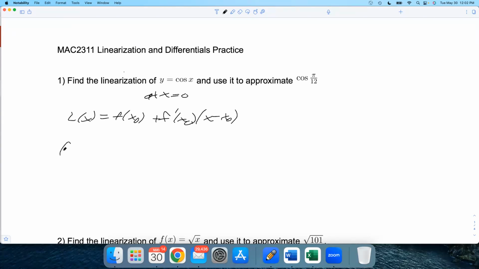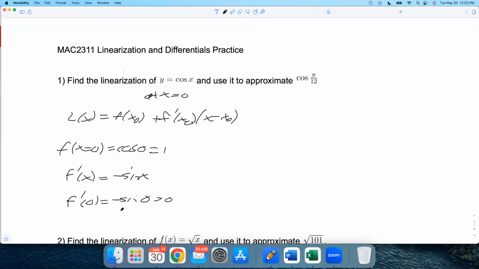So first I need y at 0. So cosine of 0. You should know cosine of 0. That's 1. Then I'm going to need the derivative. Derivative of cosine is negative sine. At 0, f prime at 0 will be negative sine of 0. You should know that that's 0.